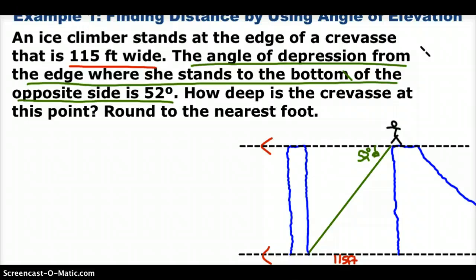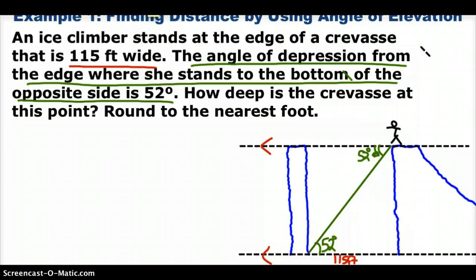So let's look at what we actually know. Because we have parallel lines and this green transversal, alternate interior angles give us the fact that this is also 52 degrees. So these two angles are congruent. They're the same.